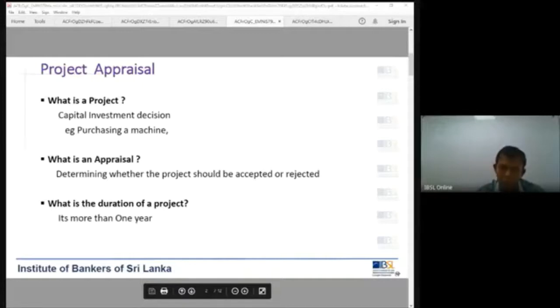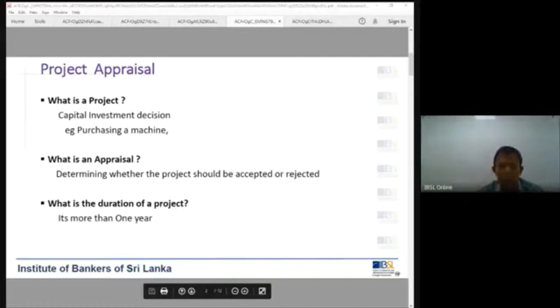Some investment opportunities which we have learned are riskier, some are lower risk. For example, shares: we have learned shares and how you invest in shares as well. It's riskier than investing in government securities or investing in FDs.